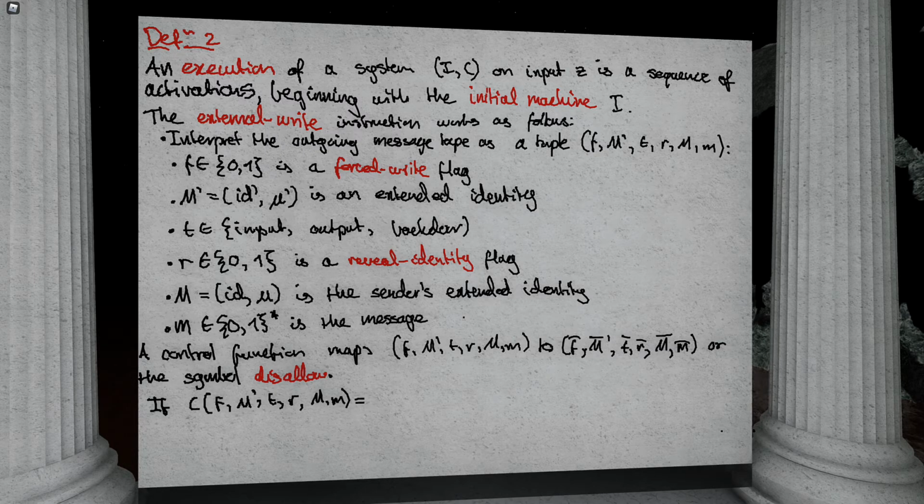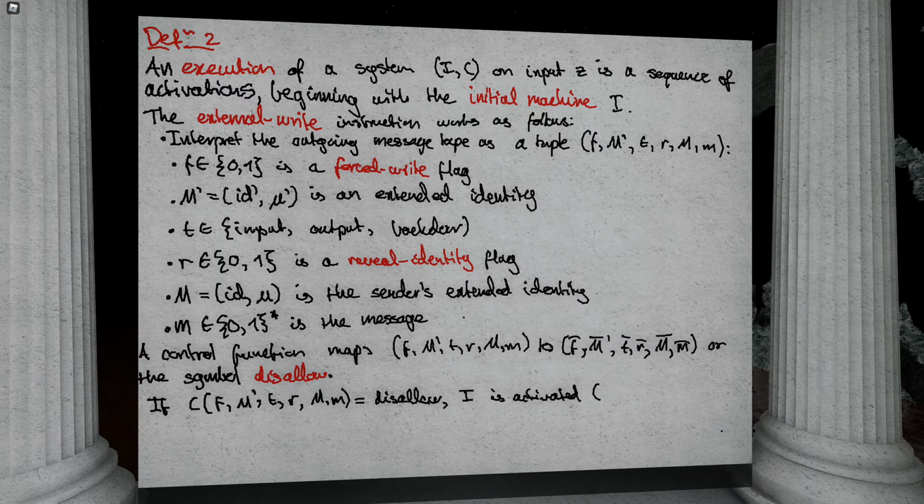So if we evaluate the control function and we get disallow, then the initial machine is activated. If a machine tries to send a message that it's not allowed to, we just activate the initial machine again.